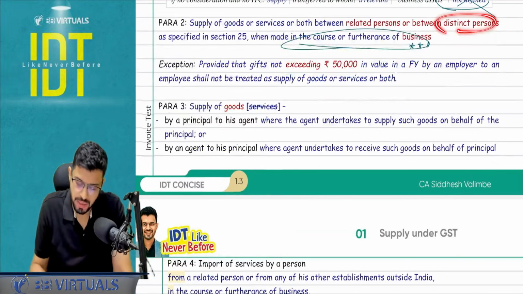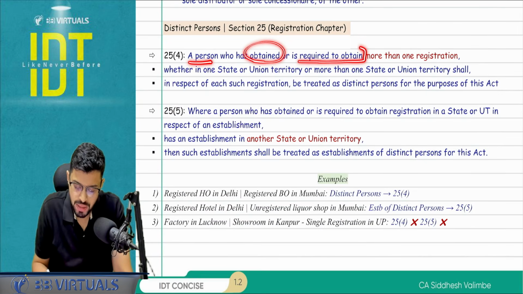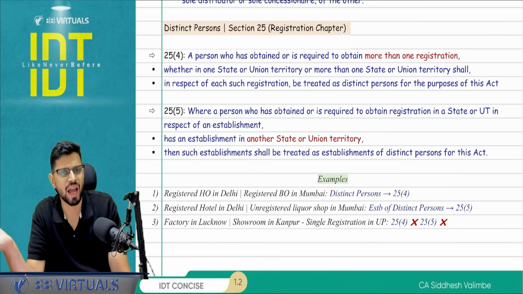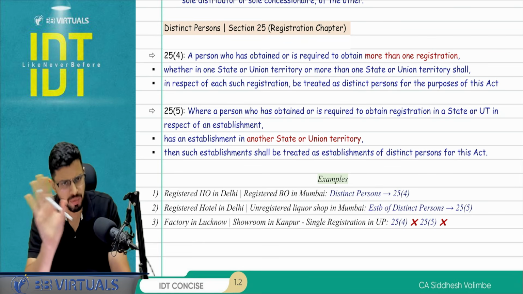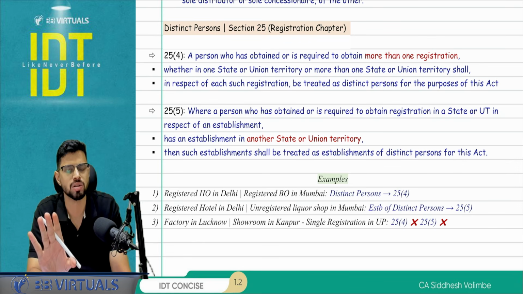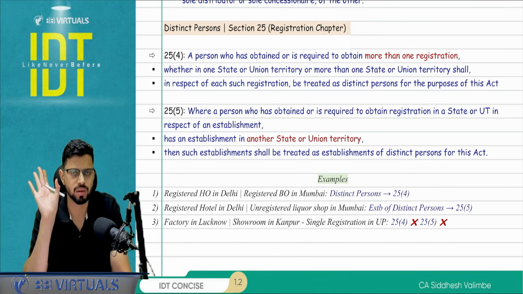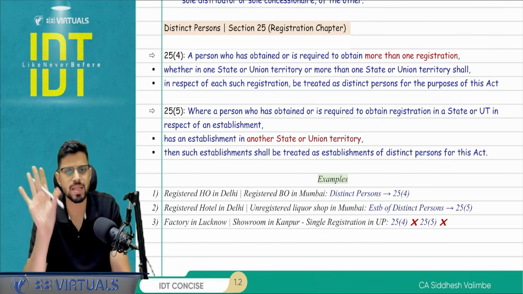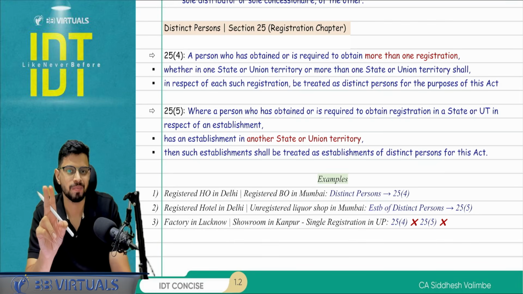This is your distinct person, and see the definition 25(4) and 25(5). A person who has obtained or who is required to obtain more than one registration. So maybe I have established a business in some other state. I am yet to take the registration, but I am required to take more than one registration. Today or tomorrow, you will have to be getting another registration. That liability has come up. So the point is more than one registration.